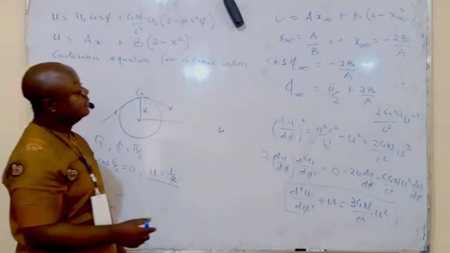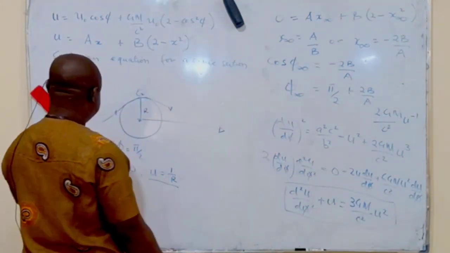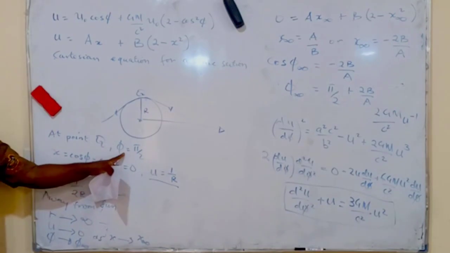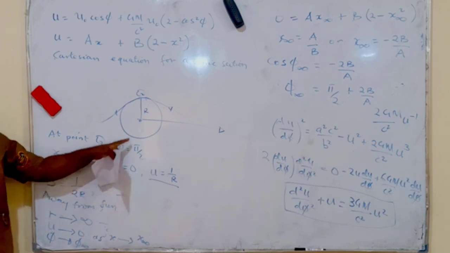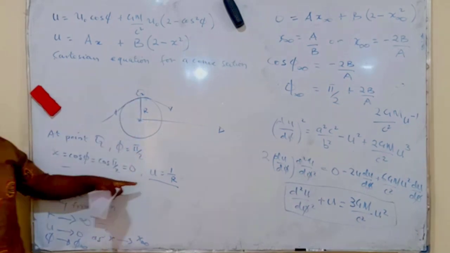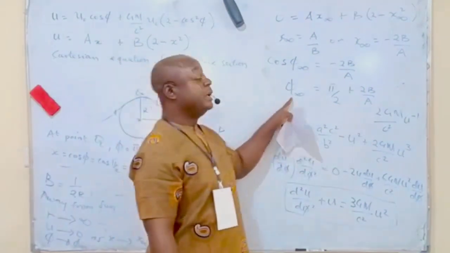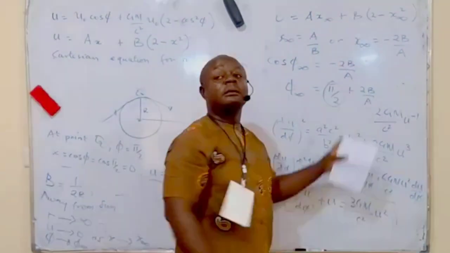So in fact, you see, our phi here was pi over 2. Can you see that? Our phi here was pi over 2. That is at the surface of the sun. But as the photon is moving away towards infinity, it's no longer pi over 2.